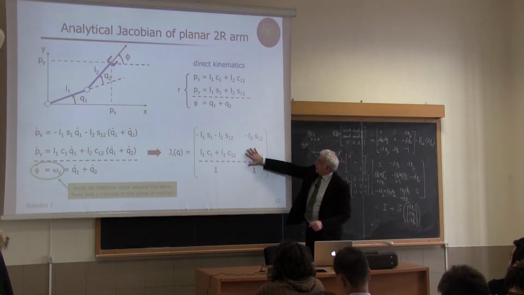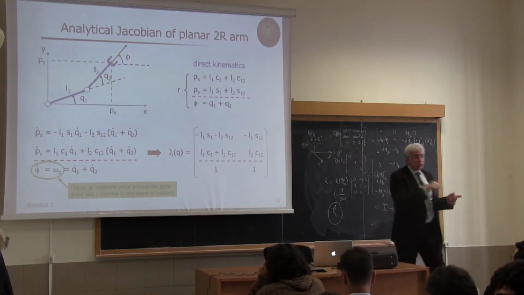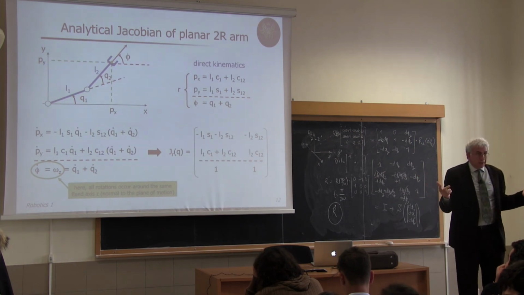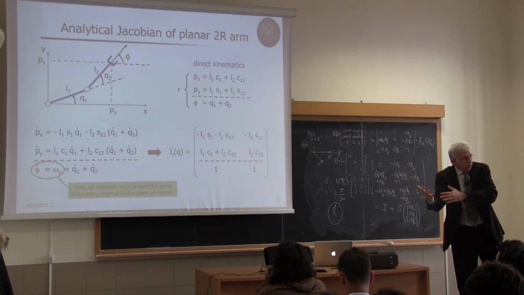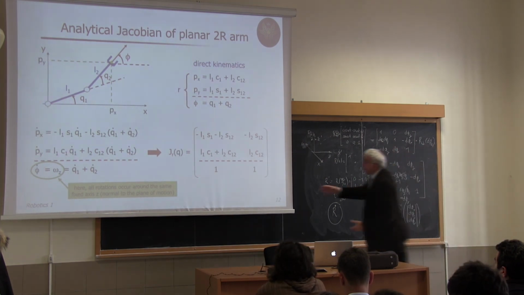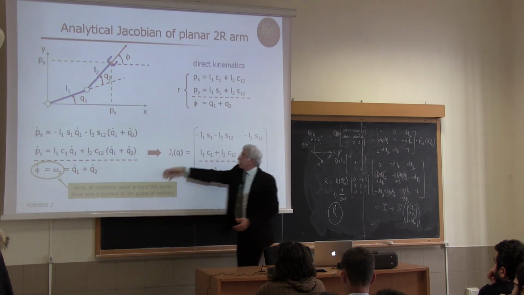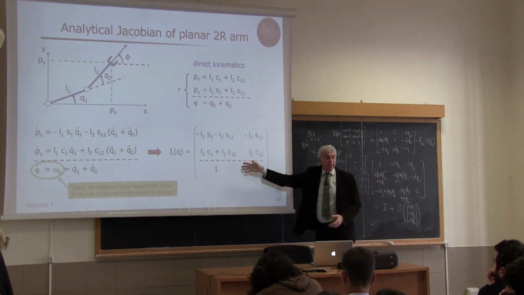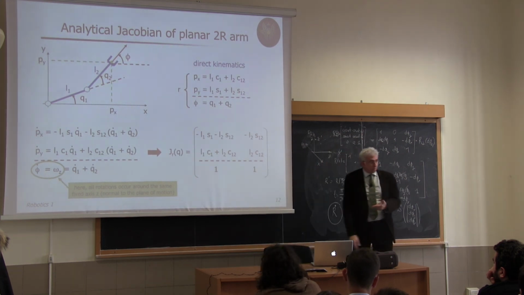Here I'm taking the same expression and only doing the partial derivative with respect to q1 and q2, because I know that the joint velocity q dot will be factored out. In fact, I can factor them out from here and organize this relation as a product of a matrix, the analytic Jacobian, times q dot.